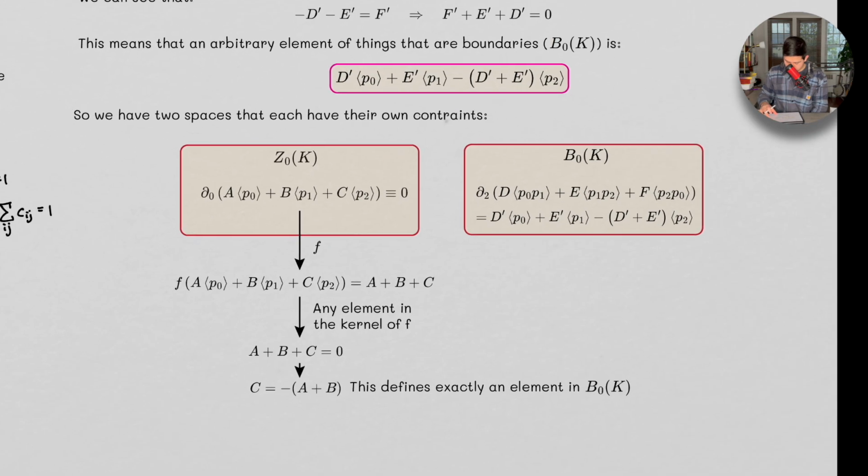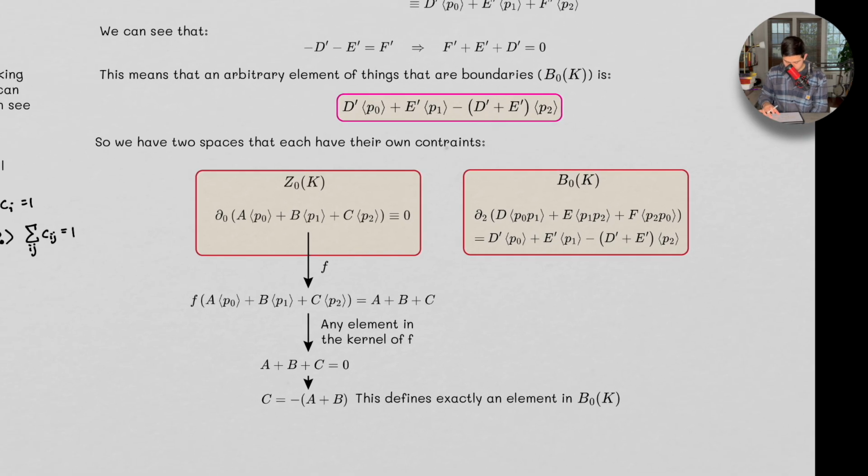So, okay, this is where things start to click, hopefully. So in Z0, we have this object. In B0, we had this object now. So we use this function f. All right, we won't go too deep into this.